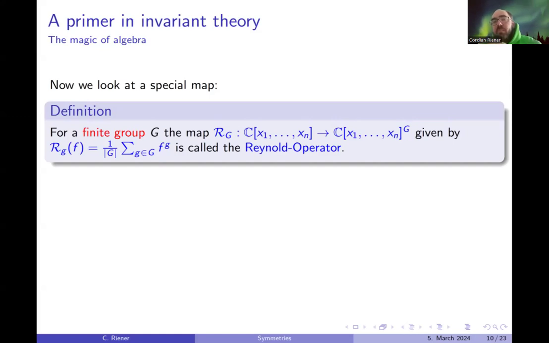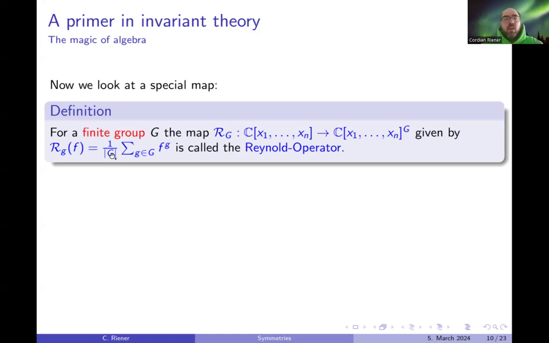So I will end up with an invariant polynomial. This averaging is maybe not important for the moment. I just do this to make sure that when I plug in an invariant polynomial to begin with, I get back my original invariant polynomial. This is why we do this averaging here.